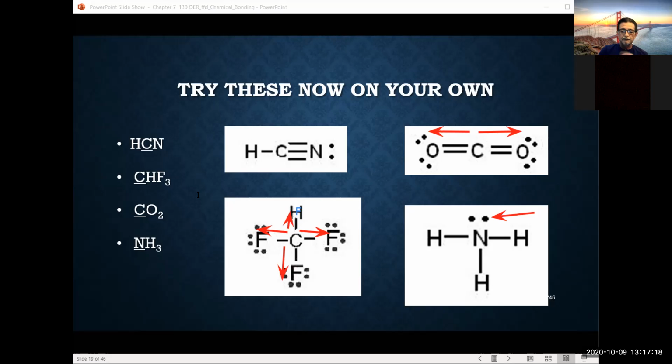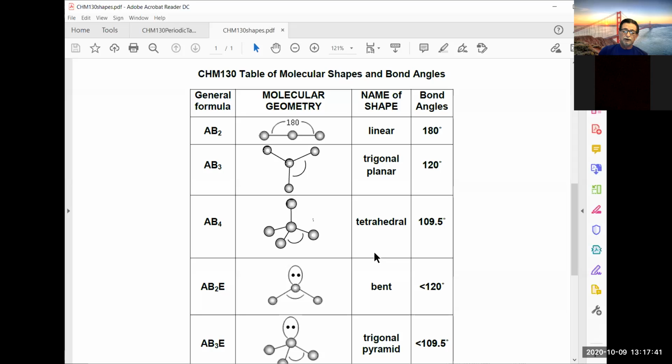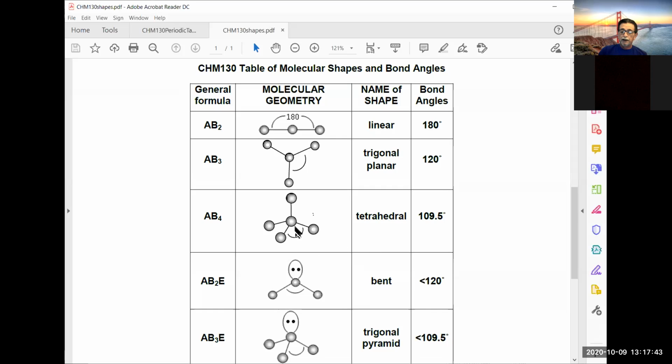something like that. You get the gist of it, right? Now, I have 4 polar bonds, and you would think, okay, I've got 4 polar bonds, so I'm going to have a polar molecule. But because of the geometry of the bonds, because that eventually is tetrahedral, let me direct you back to the shapes table. Here's tetrahedral. Imagine the carbon in the center, and we have 4 fluorines all the way around.